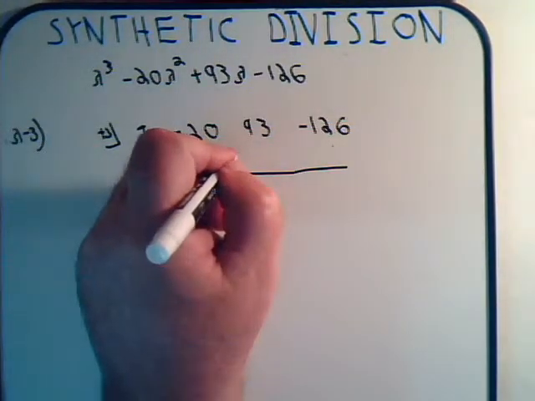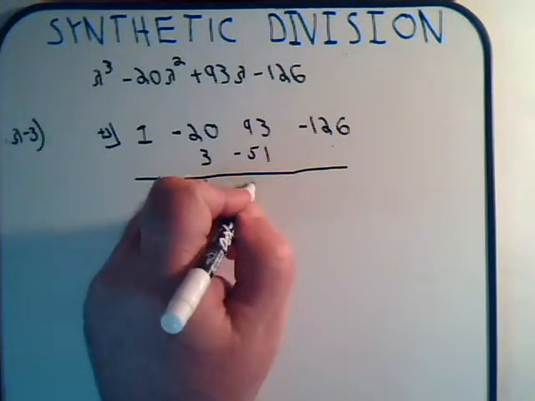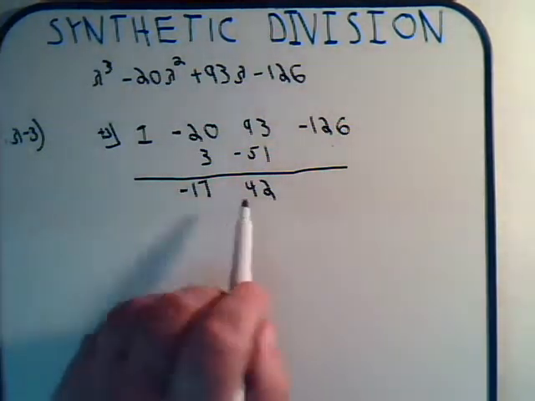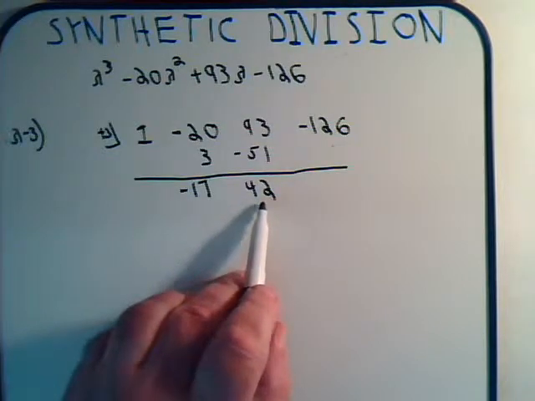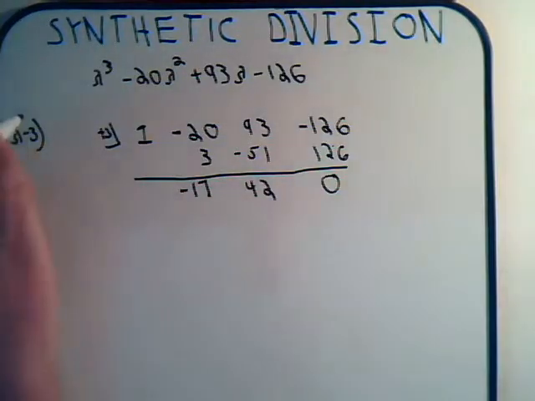This would be minus 51. And 93 minus 51, plus 42 times 3 be 120 plus 6. Looks like that's plus 126. That's going to be 0, therefore that's a factor.